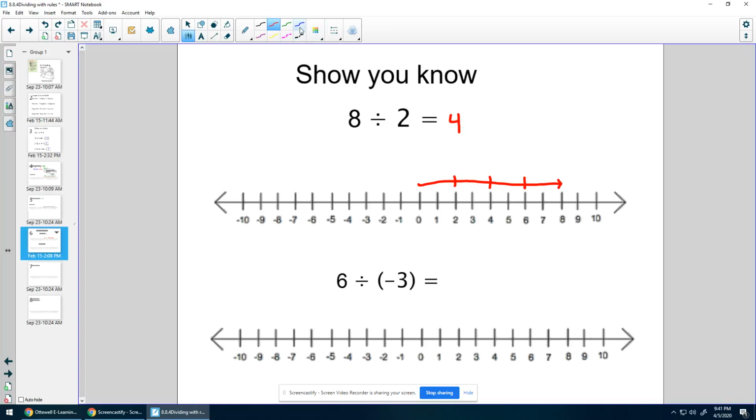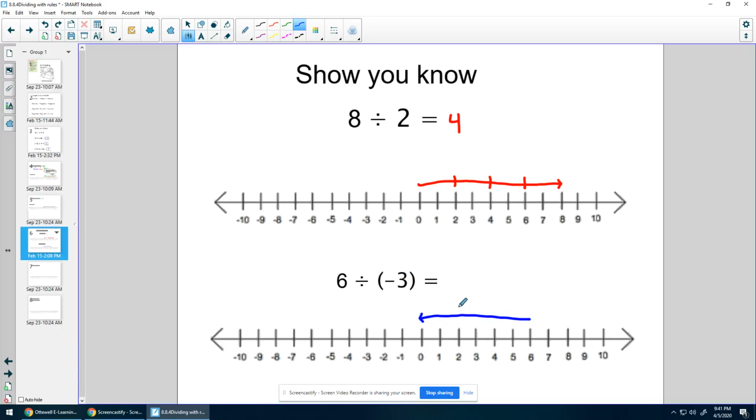Next one. We are starting with +6. So we start at 0. We draw out our line to 6. Then we look at, what are we dividing by? A negative. So we need to put our little arrowhead pointing towards the negative direction.